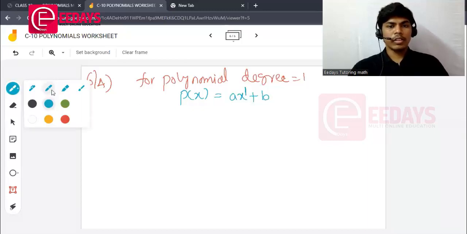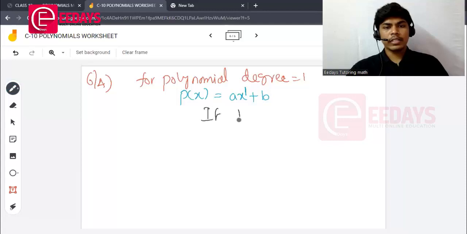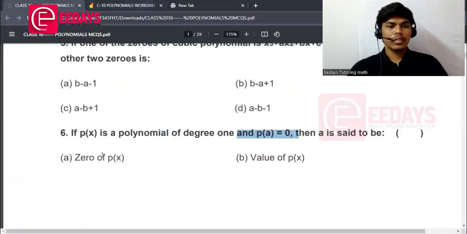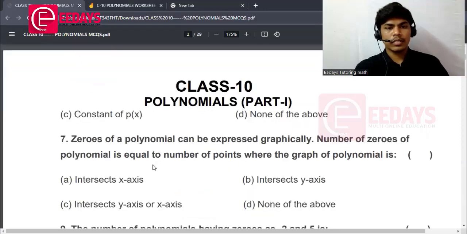So if p of a is equal to 0, then a is a zero of the polynomial p of x. Option A is the correct answer. If they give p of a is equal to 0 like this, then you can blindly put option A.